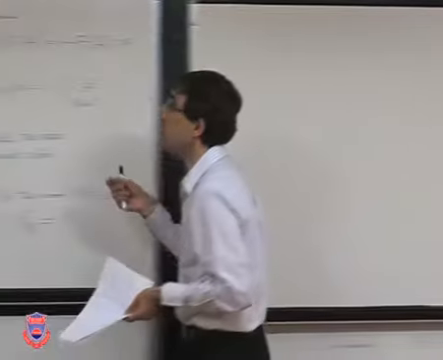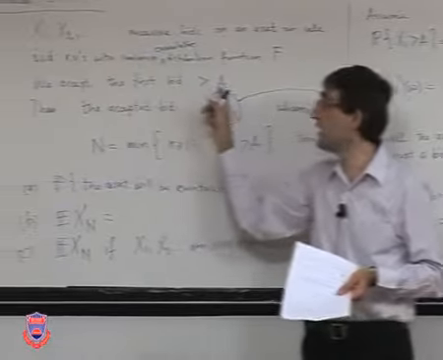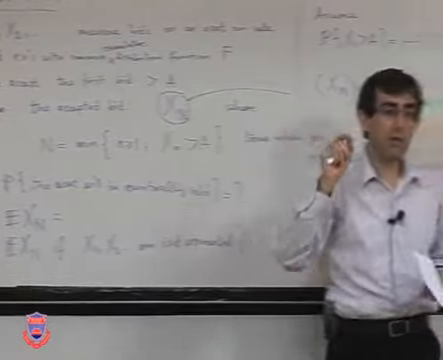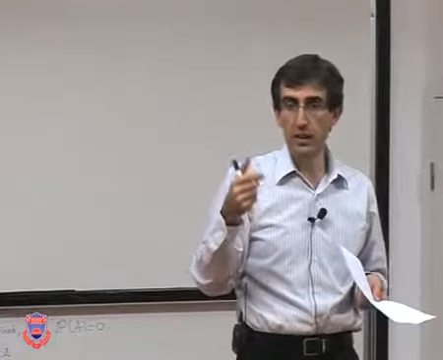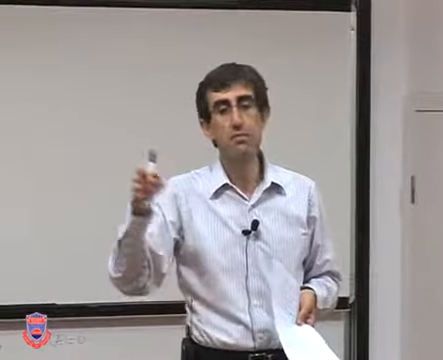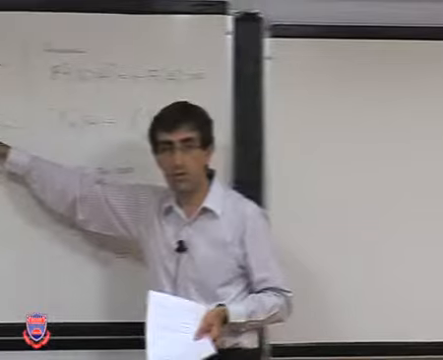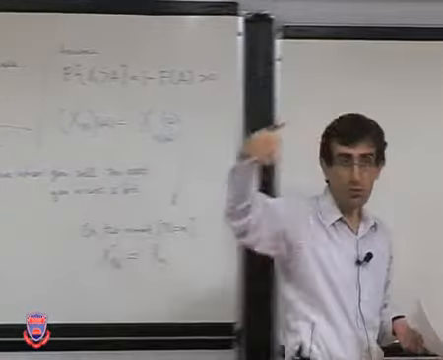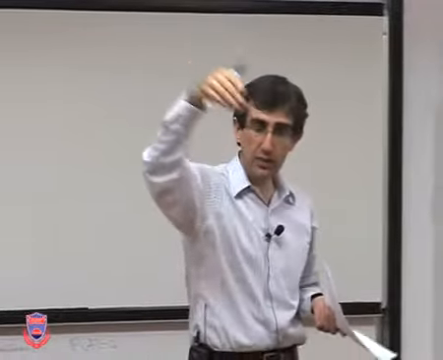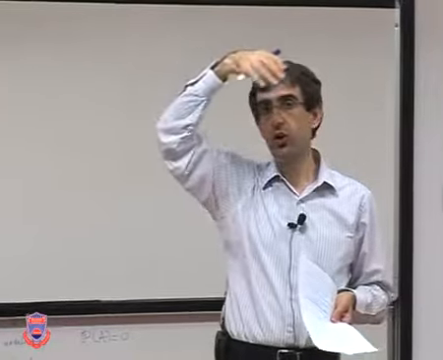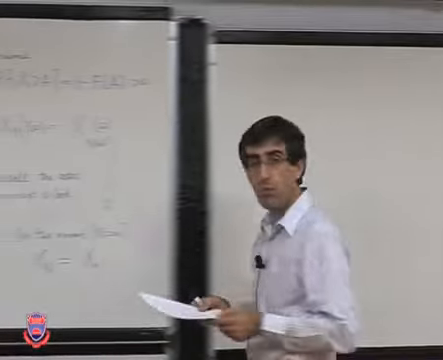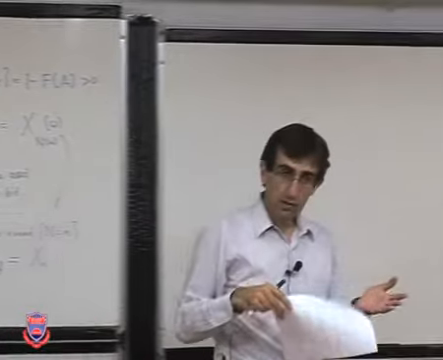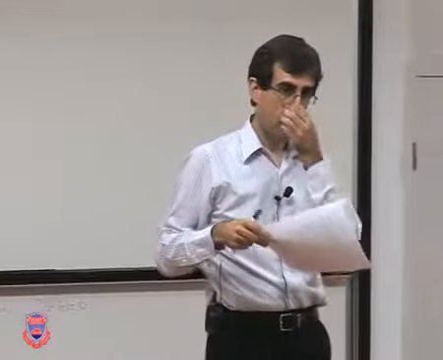In this case, success means that a bid is greater than A. So the success probability p of our Bernoulli trial is the same as the probability that a given bid is greater than A. The bids are independent of each other with the same distribution function F. If the distribution function is the same for all of these bids, the probability that any given bid is greater than A is the same at every time. So all these Bernoulli random variables are not only independent, but also identically distributed with the same success probability.